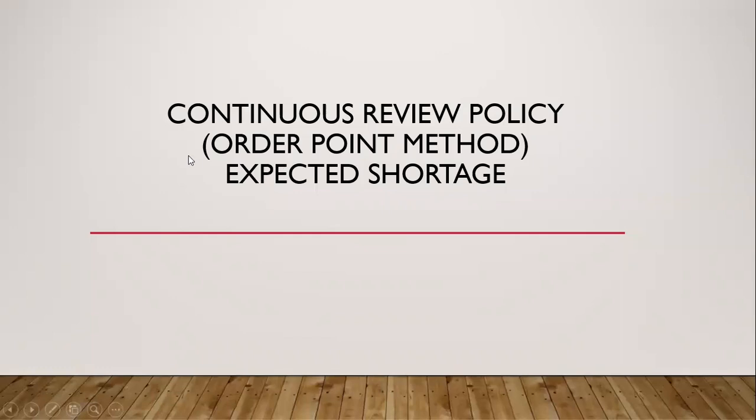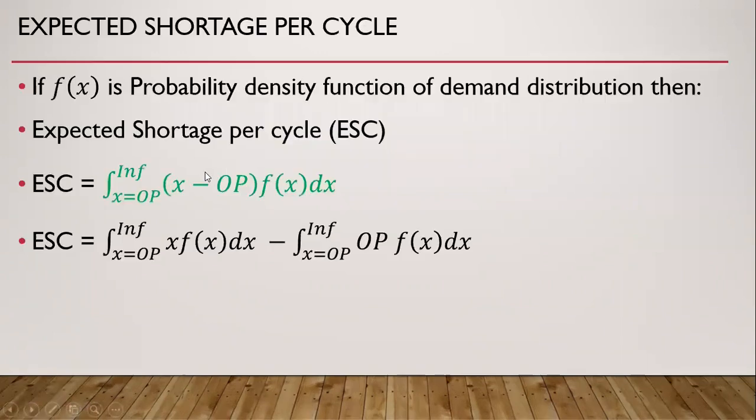Now let us calculate the expected shortage and surplus, and our replenishment policy is the continuous review policy, that is the order point method. So this policy is the same which we were discussing. Now we are calculating the expected shortage and surplus.